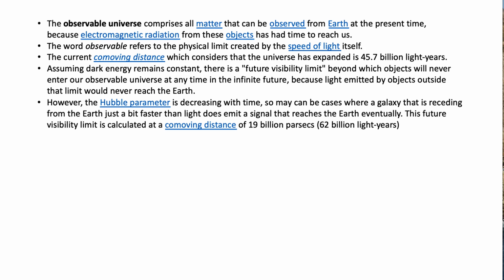But if the Hubble parameter, the Hubble constant, gets smaller, some of those currently invisible objects will enter our observable universe. And billions of years later, future astronomers would be able to see those objects.